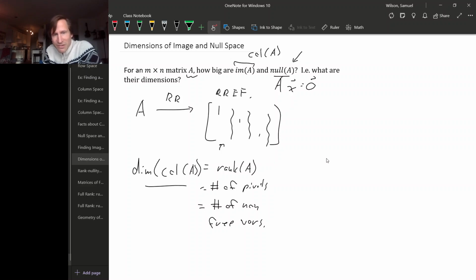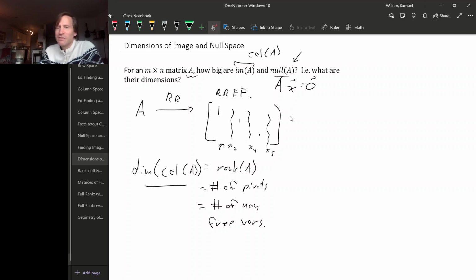Well, what we saw in our previous example is every free variable here, so maybe this is x2, x4, and x5. Think back to your experience of writing solutions to homogeneous equations.